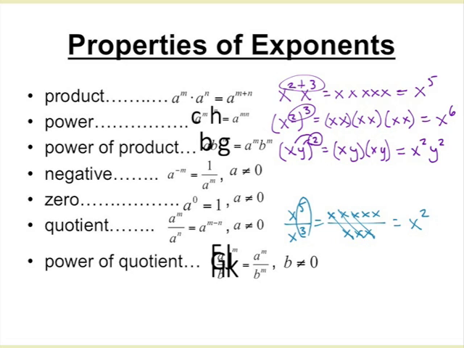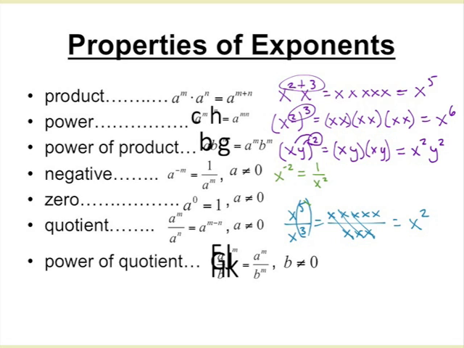Now when we go back and look at these two that we skipped here. If I have a negative exponent, like x to the negative 2, it says that's the same thing as 1 over x squared.